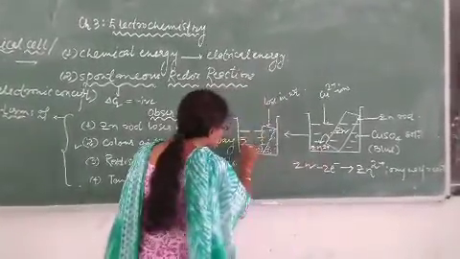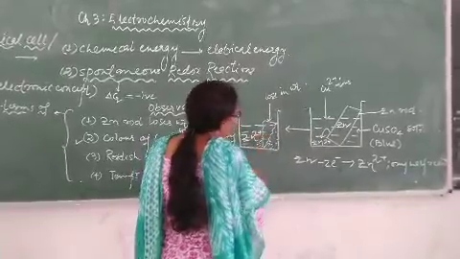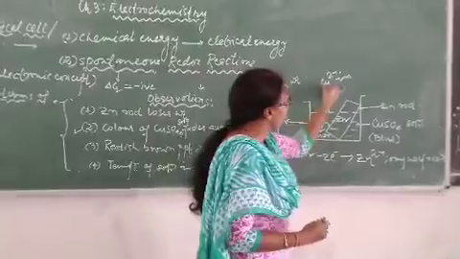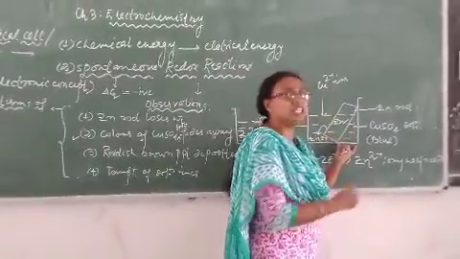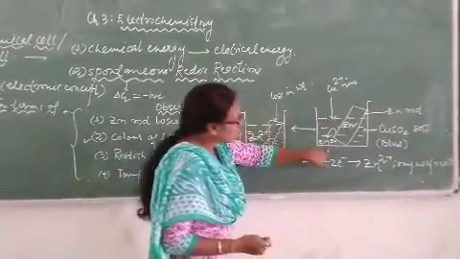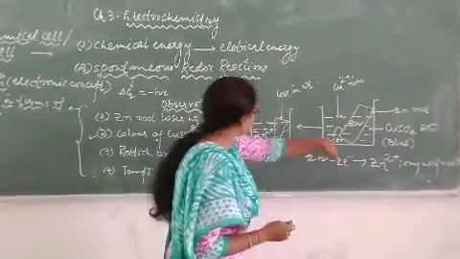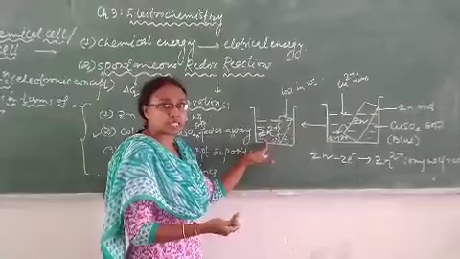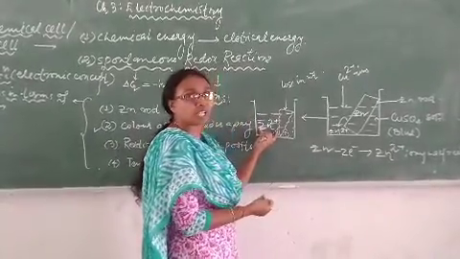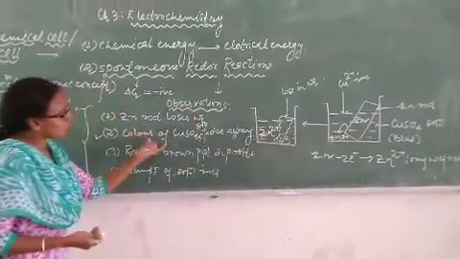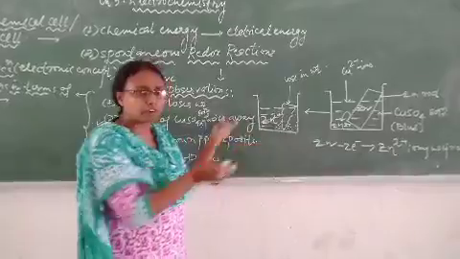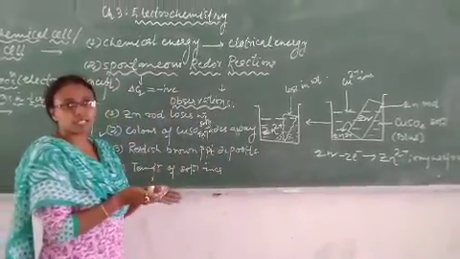The concentration of Zn2+ ions increases, whereas the concentration of Cu2+ ions decreases. Clear? Since the concentration of Zn2+ ions increases and that of Cu2+ decreases, the color of the copper sulfate solution fades from blue and turns almost colorless.